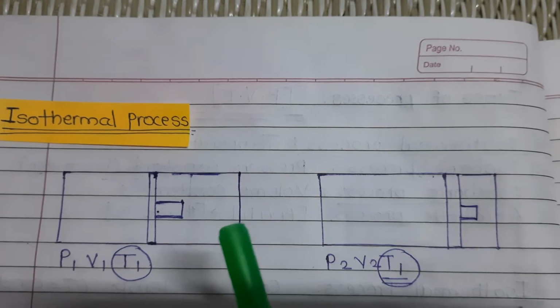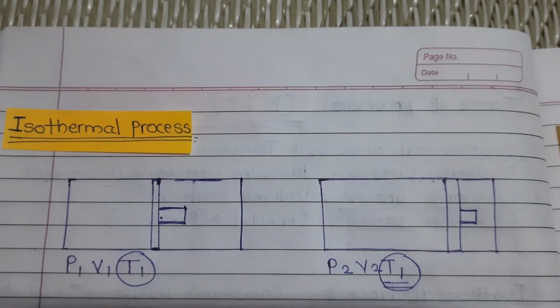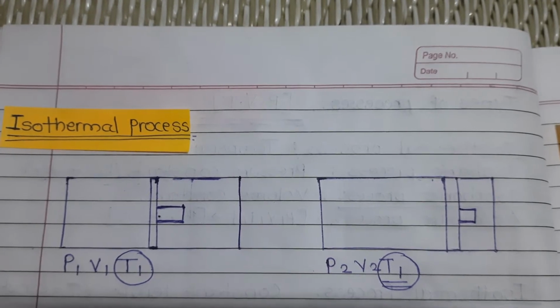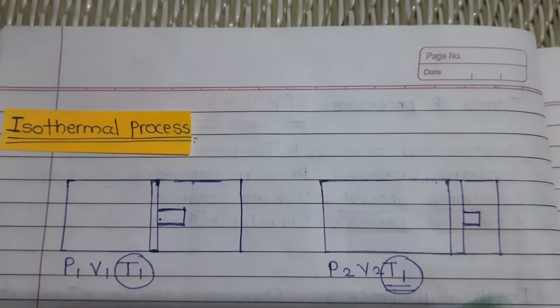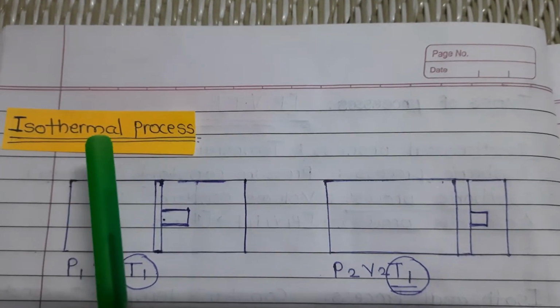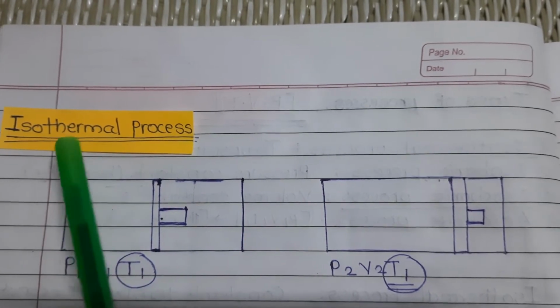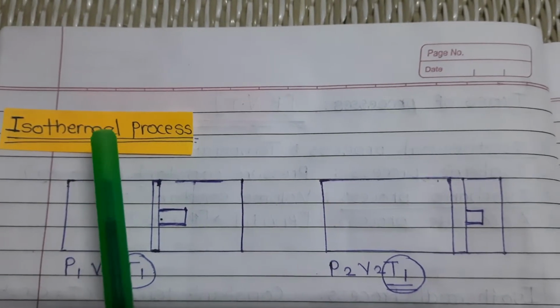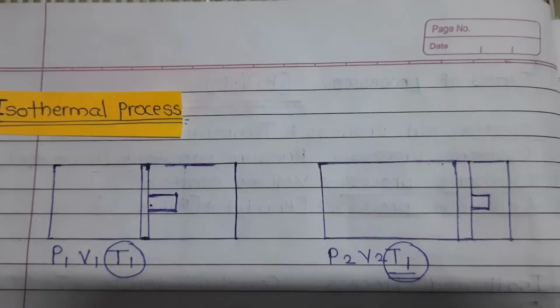The process in which temperature remains constant is called isothermal process. Iso means same or constant, thermal means temperature. Hence, isothermal process is where temperature is constant.